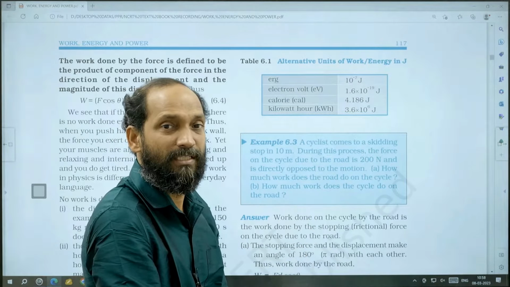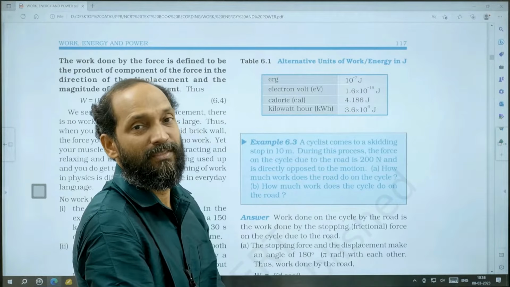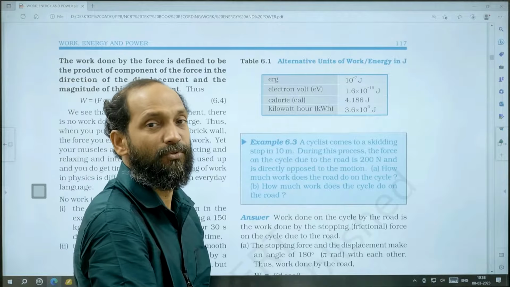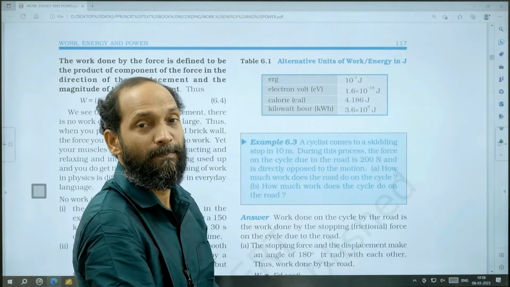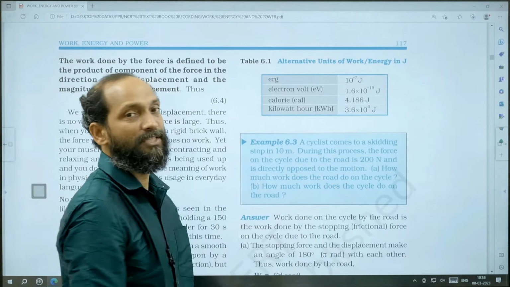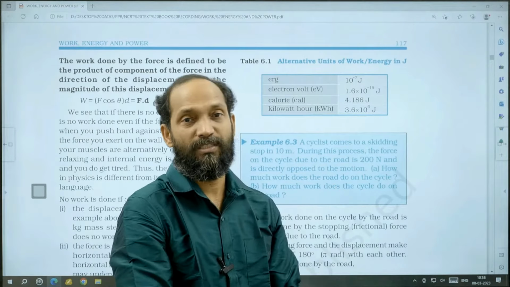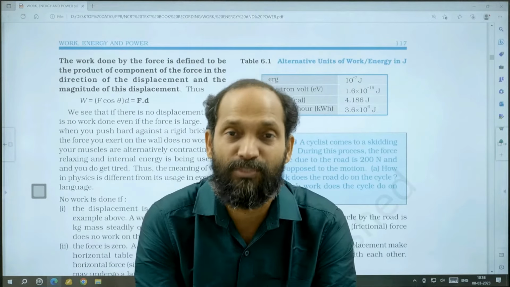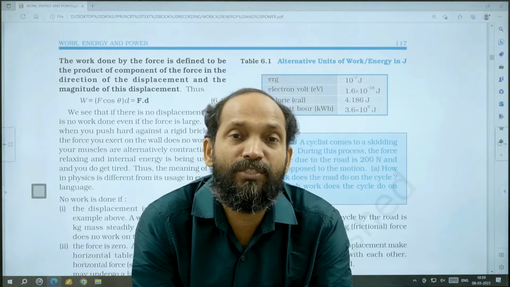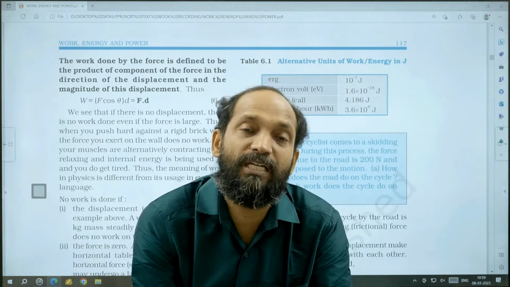So the work is negative. The cyclist displaces, so the point of application of the force displaces, and the work is not 0. Force into displacement: 200 times 10, so 2000 joule with a minus sign, minus 2000. So the work done by the cycle on the road is 0, but the work done by the road on the cycle is minus 2000.